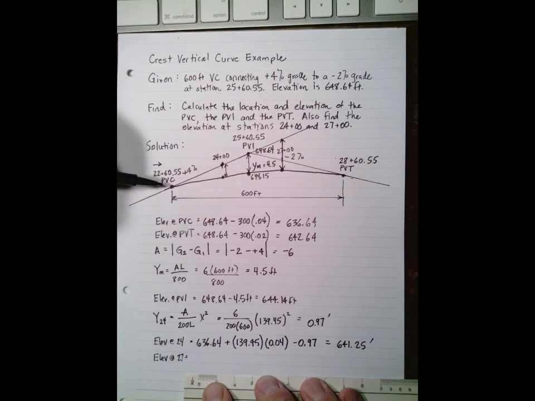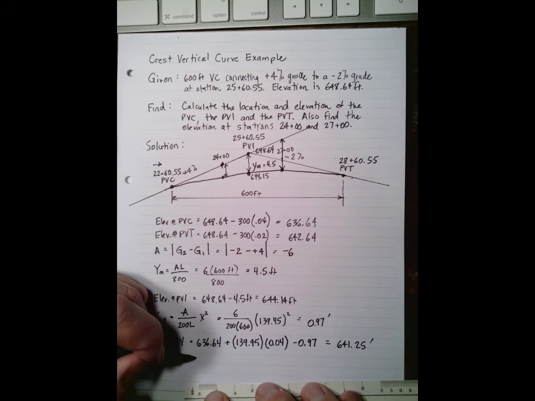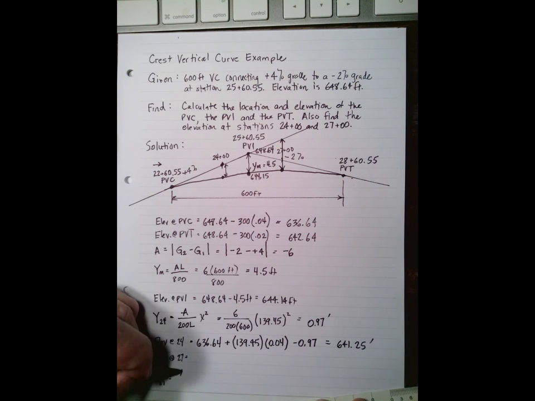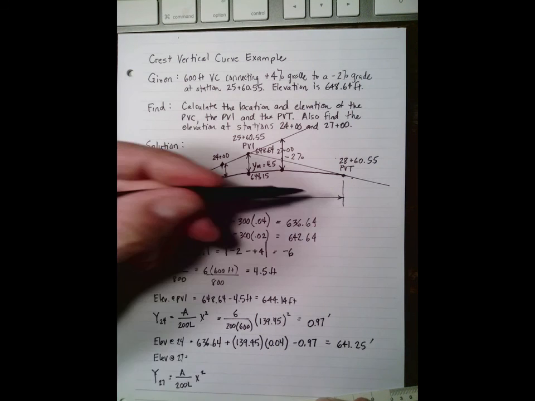And then follow the same procedure for 27. So again, I'm starting on the left. So y sub 27 equals A divided by 200L times x squared. And so our x is going to be a lot longer this time.